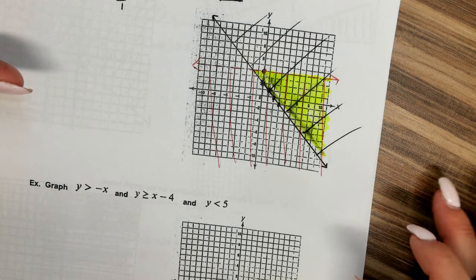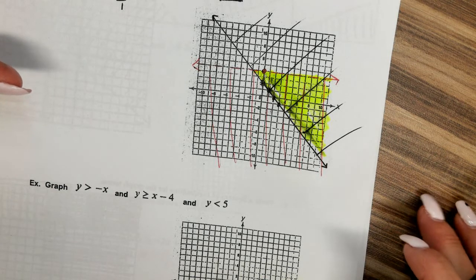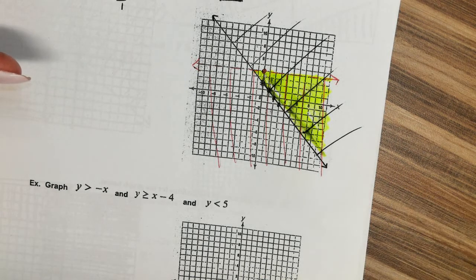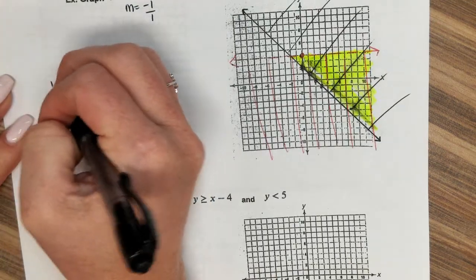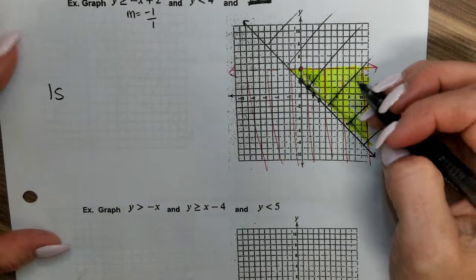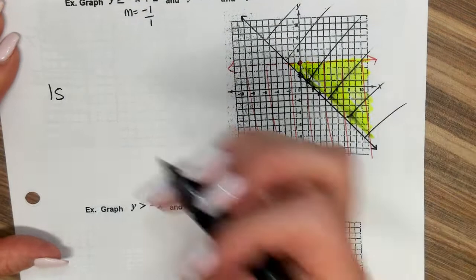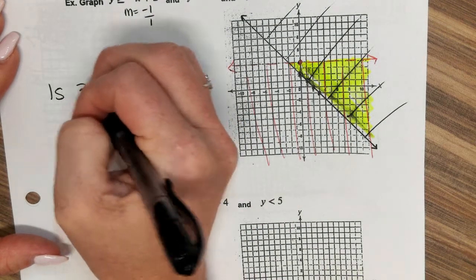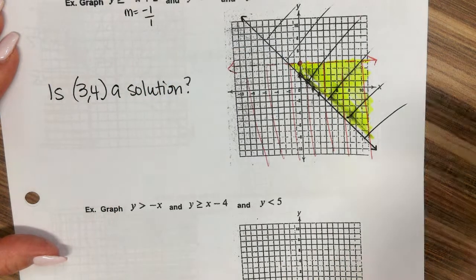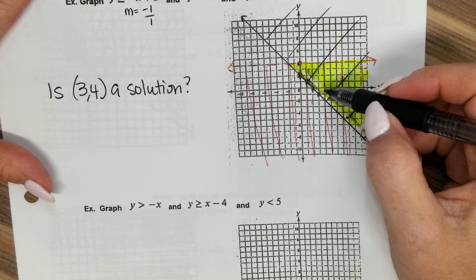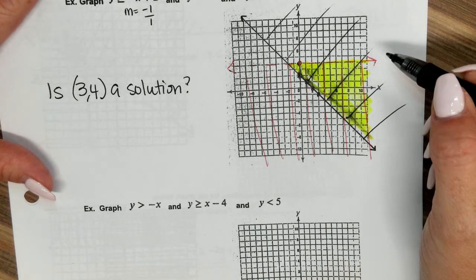All right, let me come up with a question for y'all. Is (3, 4) a solution? Yes or no? Why is (3, 4) not a solution?